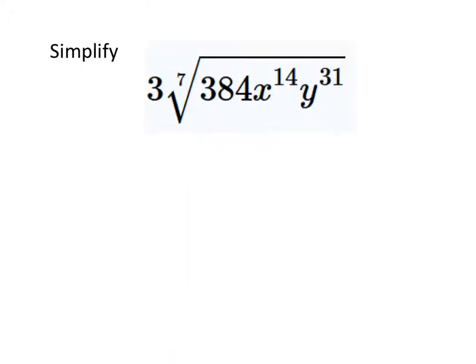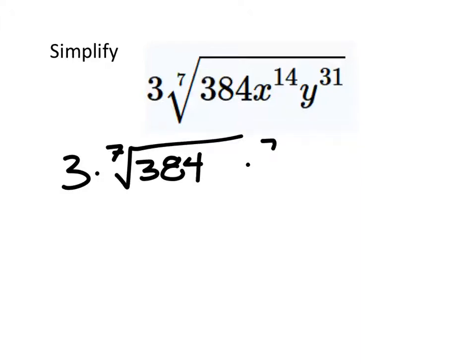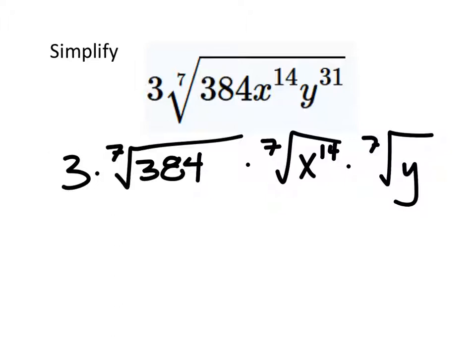3 times the 7th root of 384 times x to the power of 14 times y to the power of 31. We'll get to the exponents here. I'm going to split this up actually. So I've got 3 times the 7th root of 384 times the 7th root of x to the power of 14 times the 7th root of y to the power of 31. Now there's a reason I've done that.